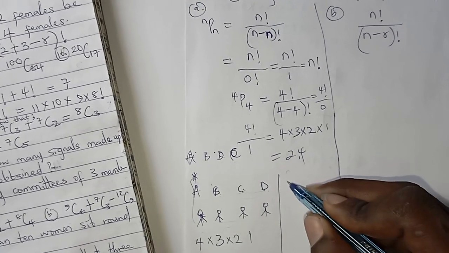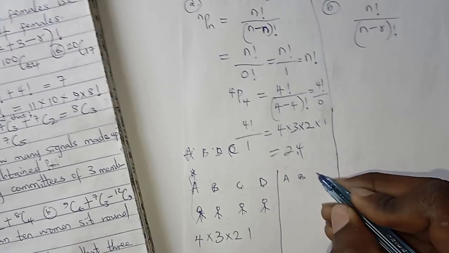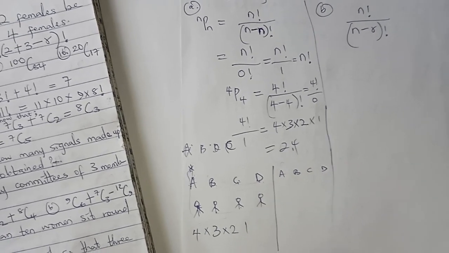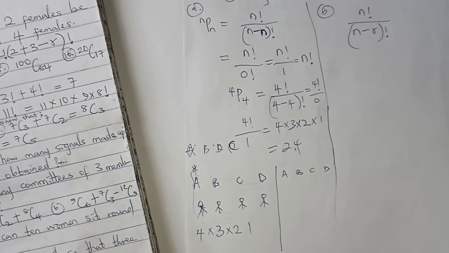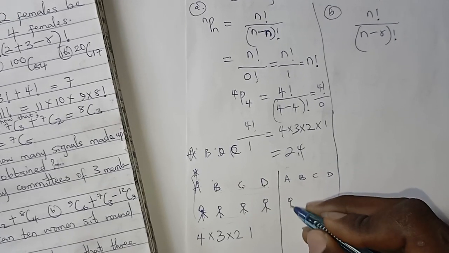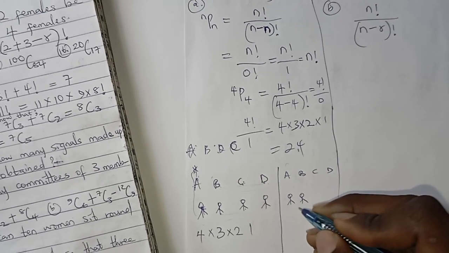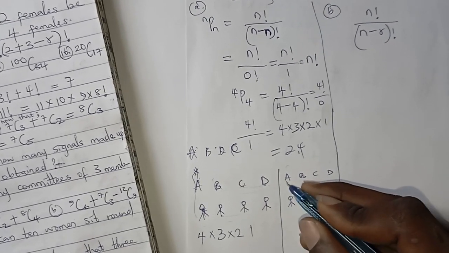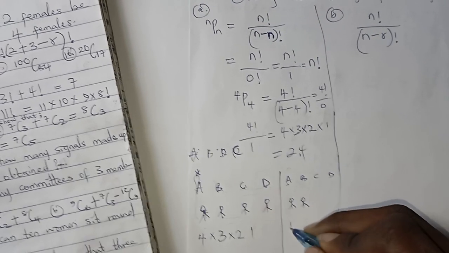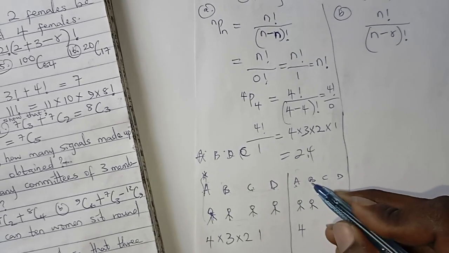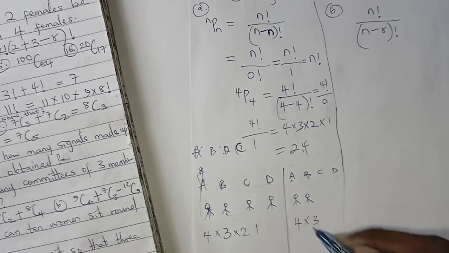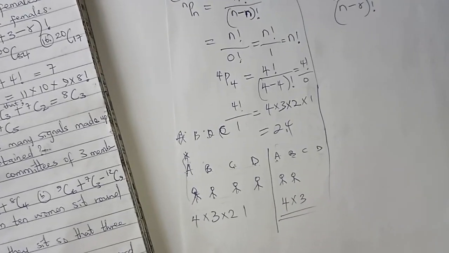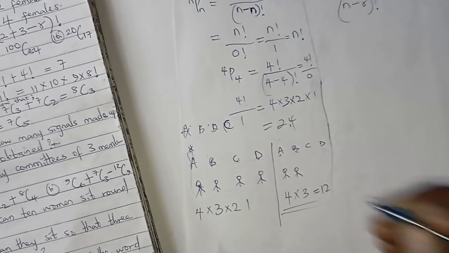It will simply be, when you have books A, B, C, D and you want to share them amongst 2 persons, you imagine just 2 persons as the arrows. When the first person goes here, he will have 4 options. Write that 4. When the second person goes, you will have 3 options. Write that 3. That will be it. 4 times 3, 12. That will be the answer.